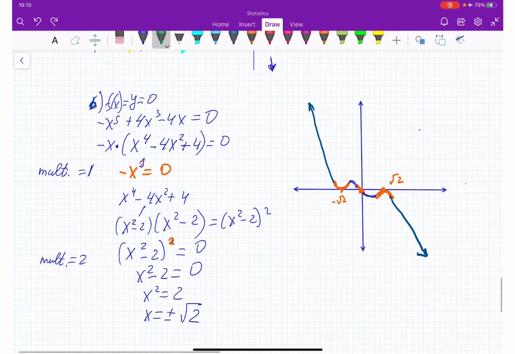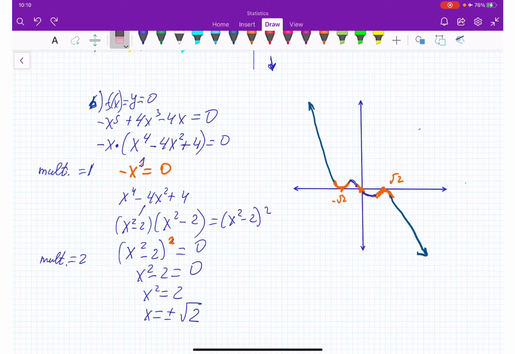And this is how your graph, let me make it look better here. And this is going to be our graph.